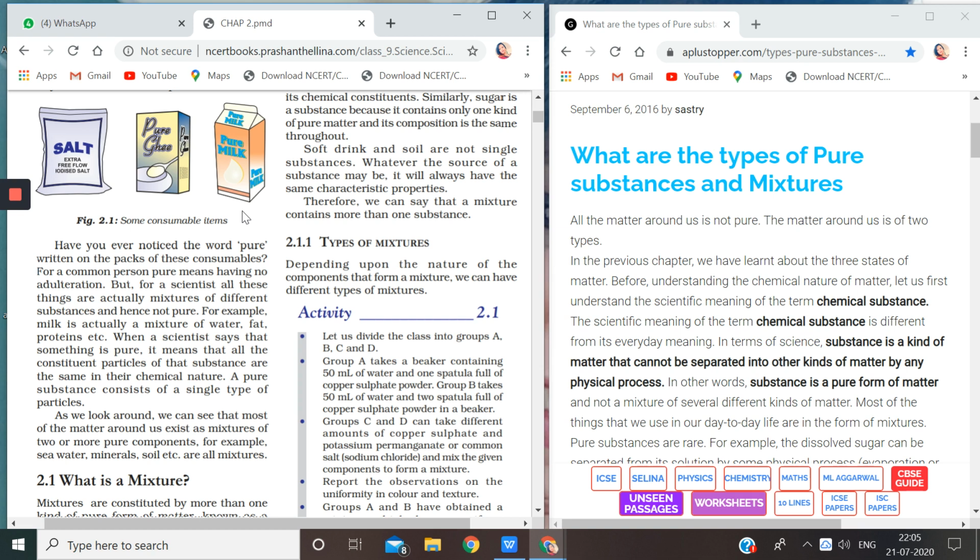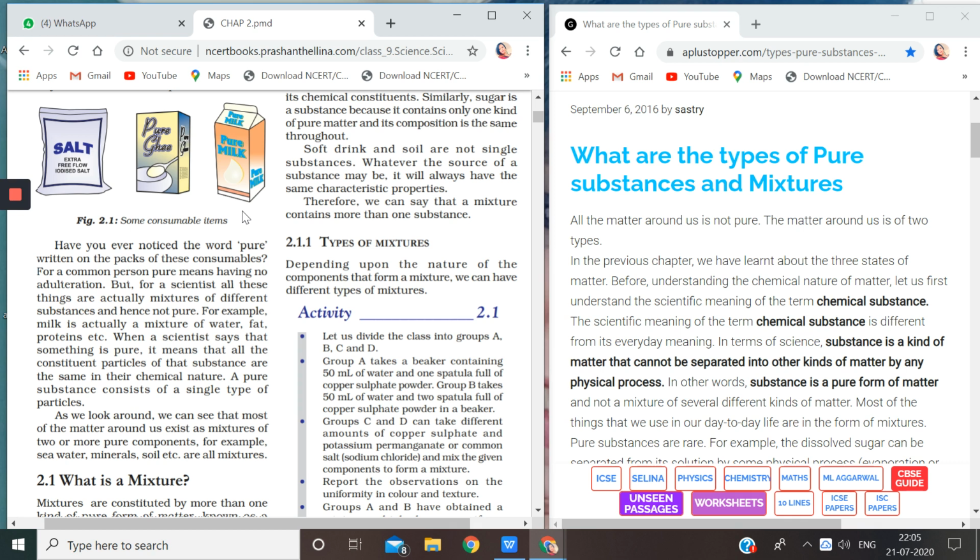I am only considering whether 1 spoonful of sugar is pure or not. It contains only the particles of sugar. There are no other particles.